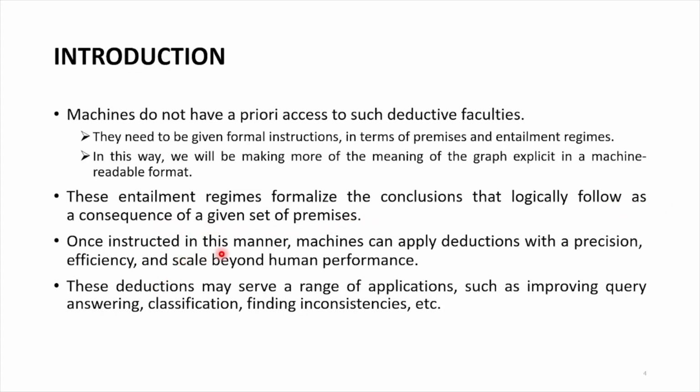Once instructed in this manner, machines can apply deductions with a precision, efficiency, and scale beyond human performance. These deductions may serve a range of applications, such as improving query answering, classification, or finding inconsistencies.